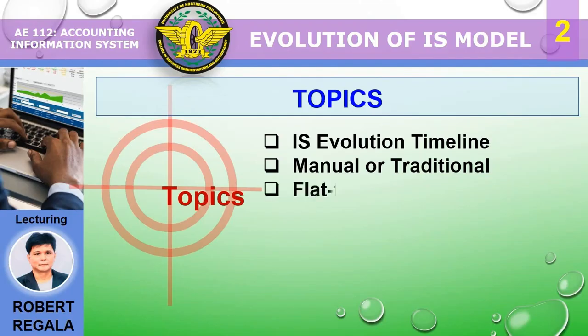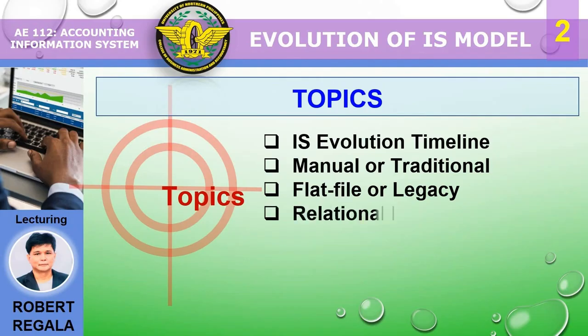Then, we will discuss the flat file or legacy model, characterized by the absence of structures for indexing or recognizing relationships between records. And then the relational database, which is the antithesis of the flat file model.